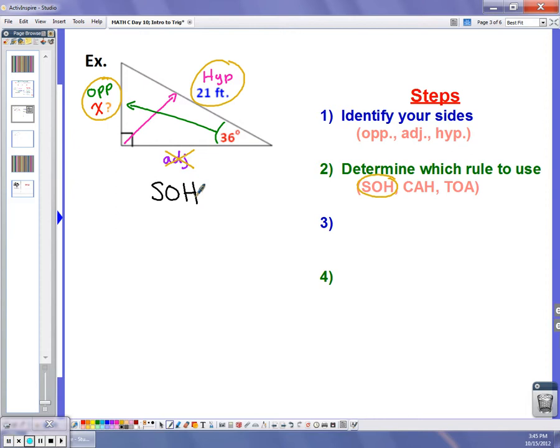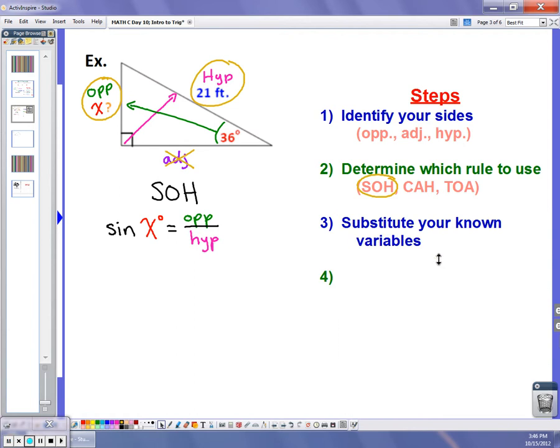For SOH, the letter S stands for the sine of x degrees is equal to our opposite over our hypotenuse. Now that we know which rule that we're using, we could go ahead and substitute our known variables.